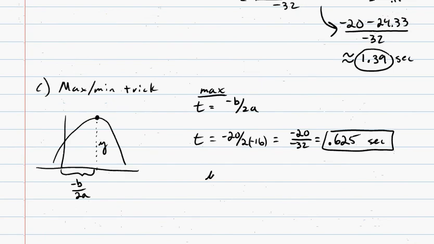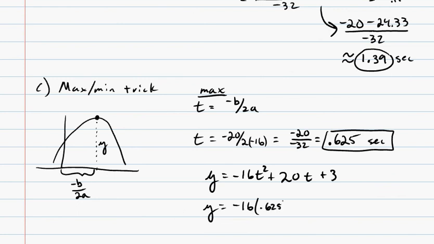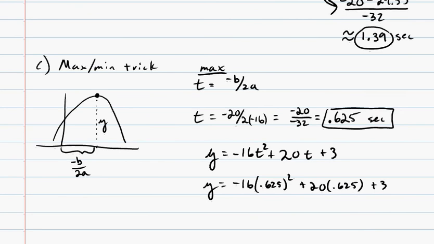So I will write y equals, and let me just write the equation again. Now if I put this in for t, I get y equals negative 16 times 0.625 squared. Okay, so now I have that all written in my equation, and I just have to figure that out, like using a calculator.